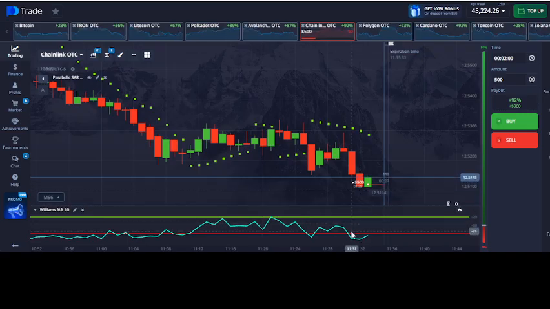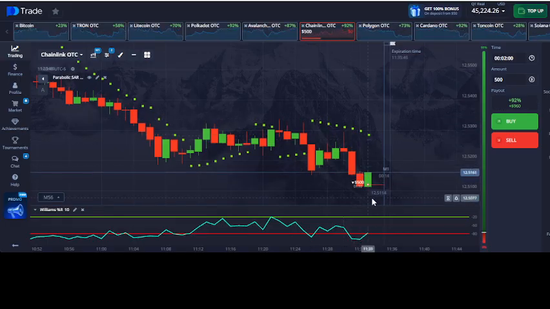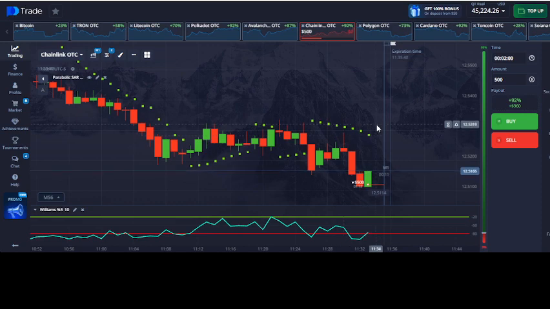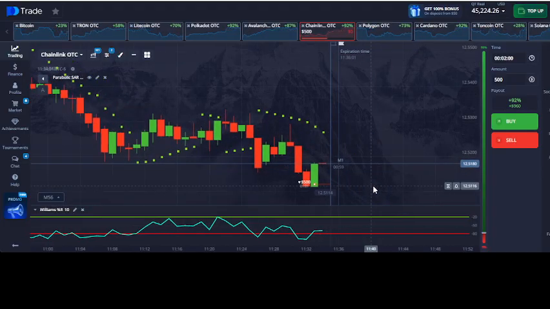Secondly, the Williams %R line crosses below the red 80 line in the downward direction. And then thirdly, the parabolic SAR dots are printing above the candles here. So all three of these confluences suggest a bearish momentum to the downside. So let's monitor this trade and wait for the expiration.